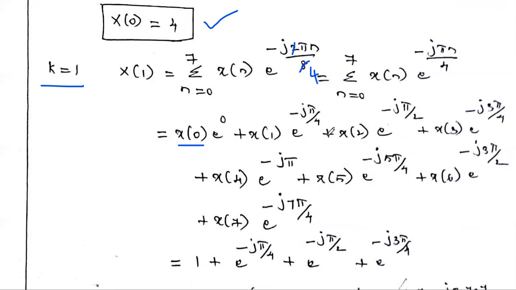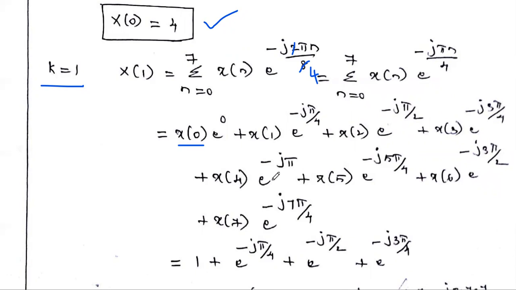Then plus, put n equal to 2. So substituting, x of 2 into e power minus j pi 2 divided by 4. If you are cancelling 2 by 4, we may get e power minus j pi by 2. Then plus, substituting n equal to 3, x of 3 into e power minus j 3 pi by 4.